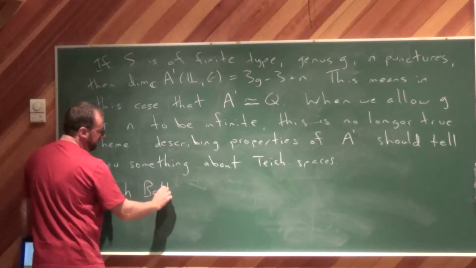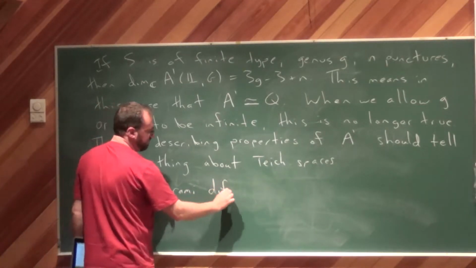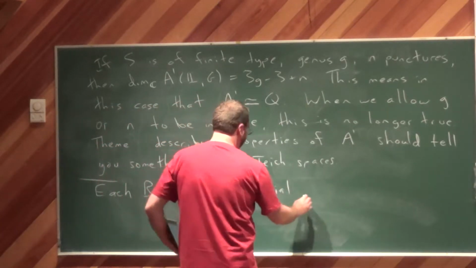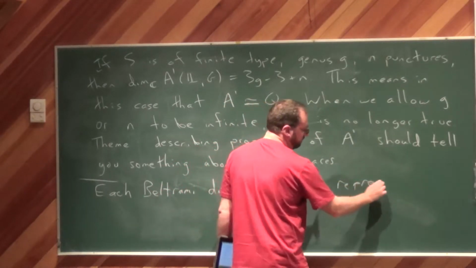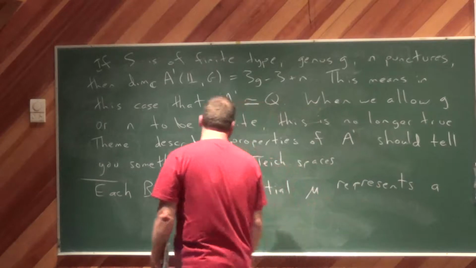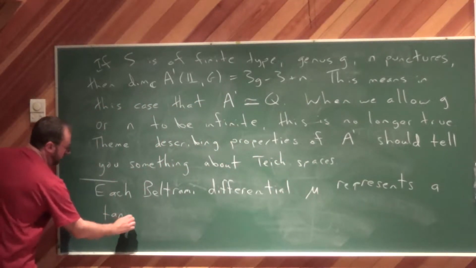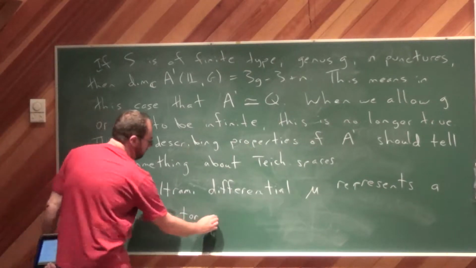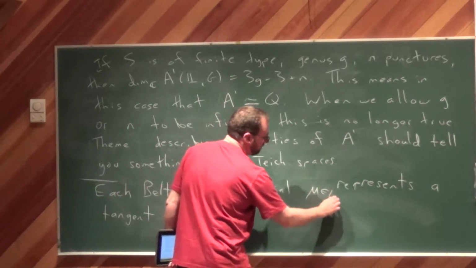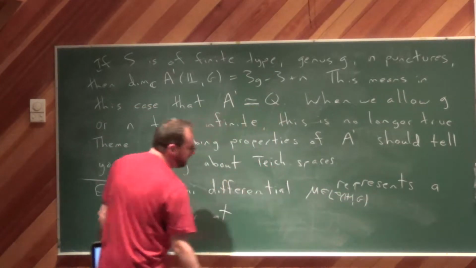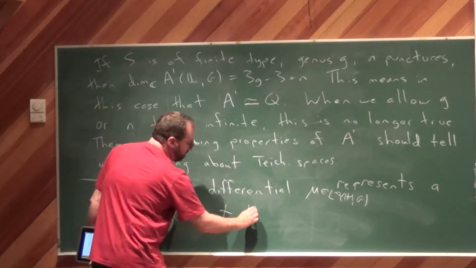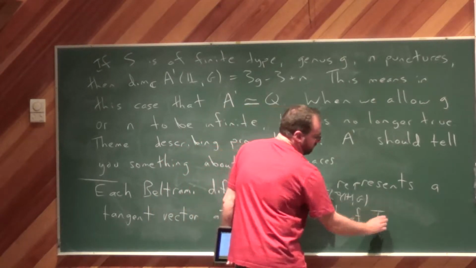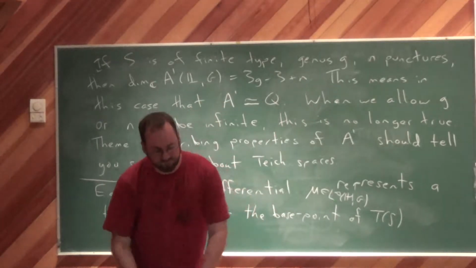So the point is each Beltrami differential mu, let's have that in L infinity(H,G), represents a tangent vector at the base point of Teichmüller space.